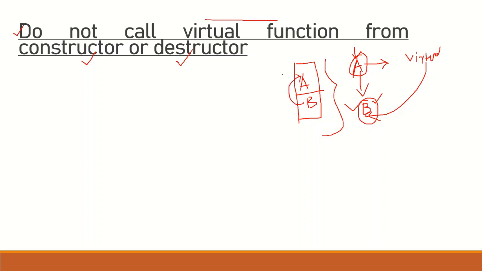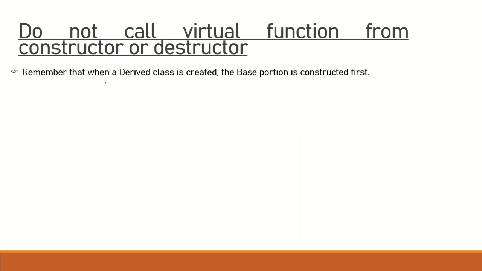So it leads to a problem here. Then A's virtual function gets called. Remember that when a derived class is created, the base portion is constructed first. So we cannot call a derived class virtual function from a base class constructor.